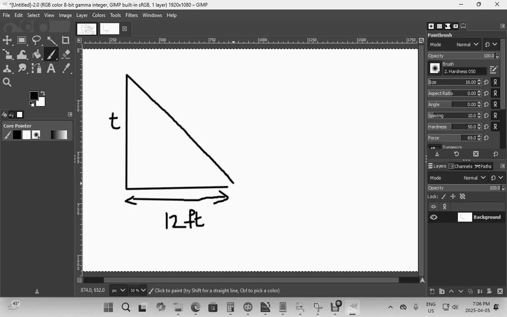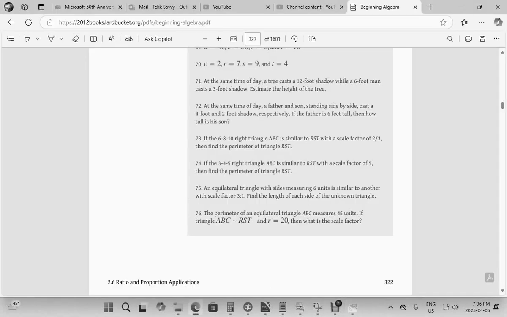But we don't know what this hypotenuse is. So this is your C, for example. We don't know the distance from the top of the tree till the tip of the shadow. Now the question also says that a 6-foot man casts a 3-foot shadow.